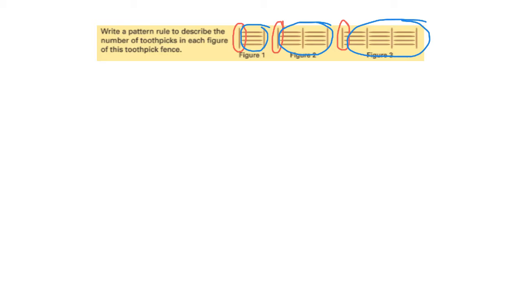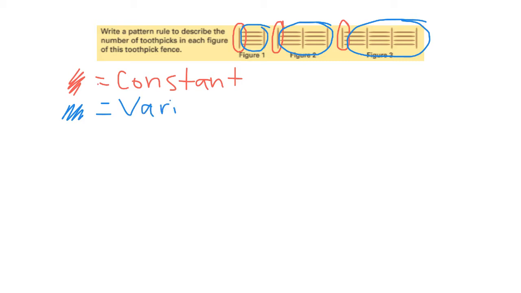So the way that I would differentiate those, the red is staying the same, so the red is the constant, and the blue is my variable. Just like we've talked about, constant means it stays the same, variable means it changes throughout the pattern.